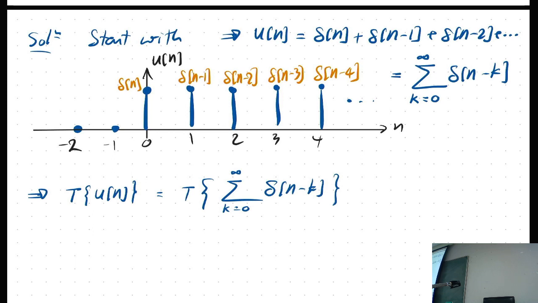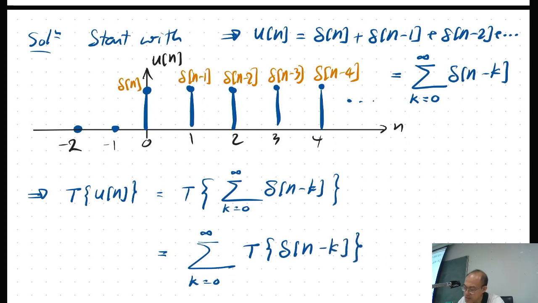We can interchange T and the summation using the linearity of T, to get the summation, k equal to 0 to infinity, of T of delta n minus k.